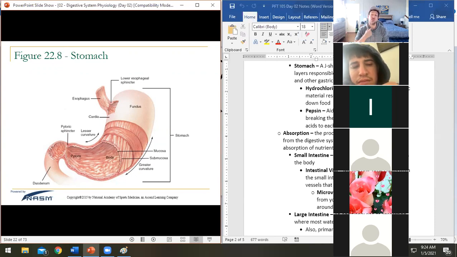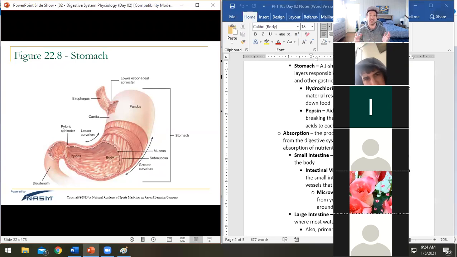And what happens is when it gets into your stomach, it gets churned up and broken down into that kind of blackish, brownish, soupy mixture, right? Oh, well, that explains the bowel colors. Yeah, exactly. We call that chyme, C-H-Y-M-E, chyme.